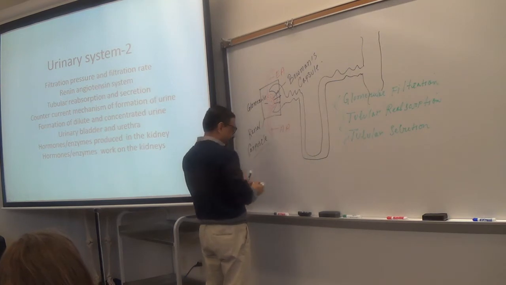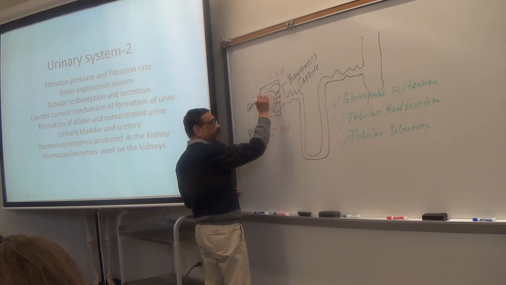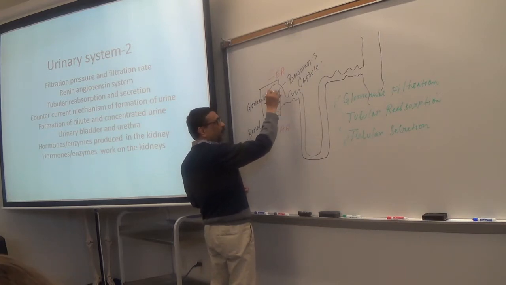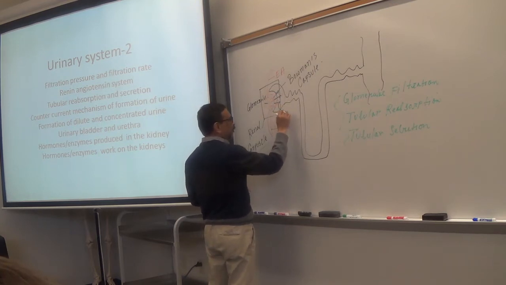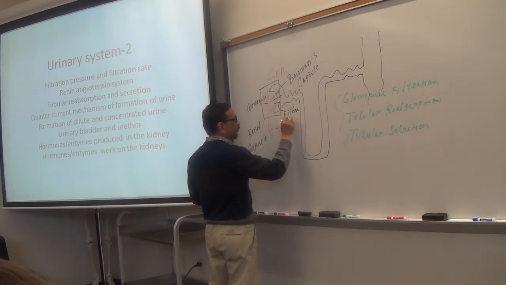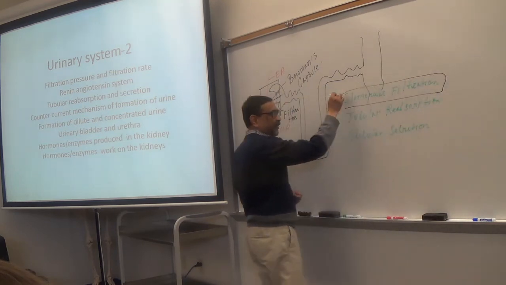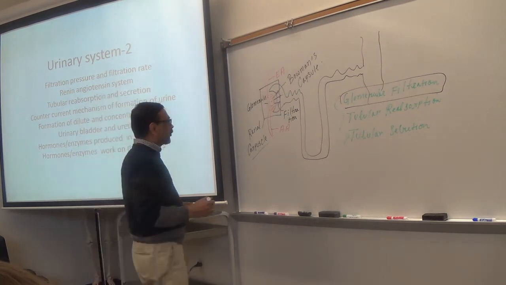This is the process by which the fluid from the blood enters into the nephron. So that is called glomerular filtration. That's the first process of urine formation. So that happens first. Then the fluid starts to move through the nephron.